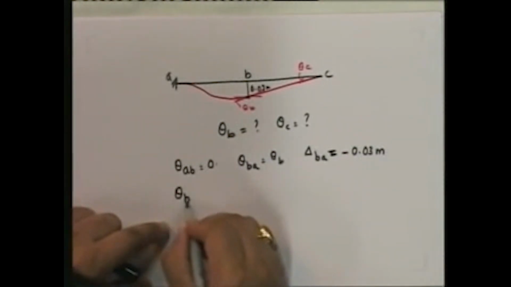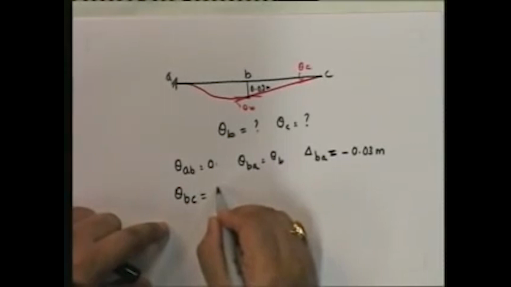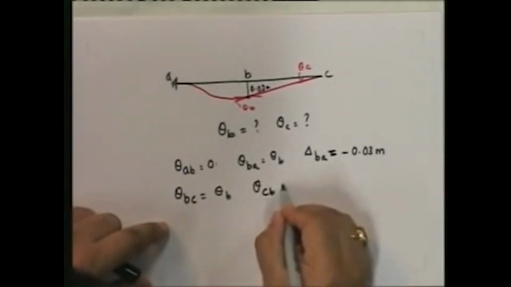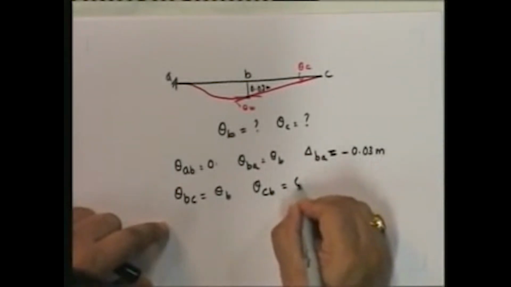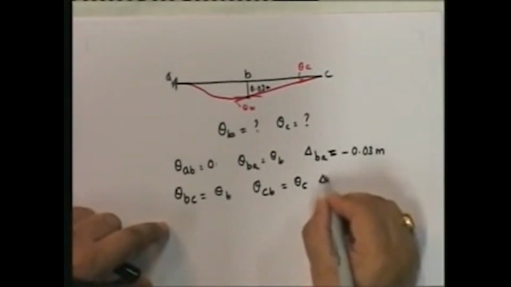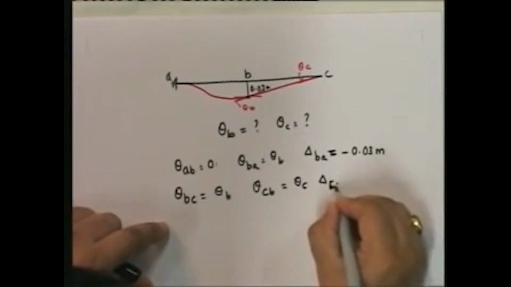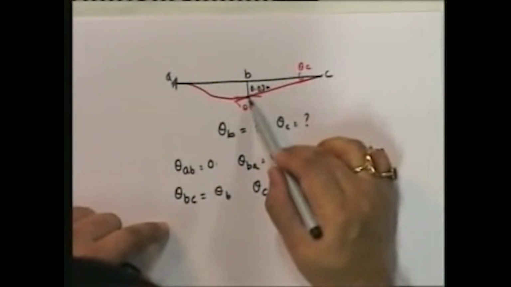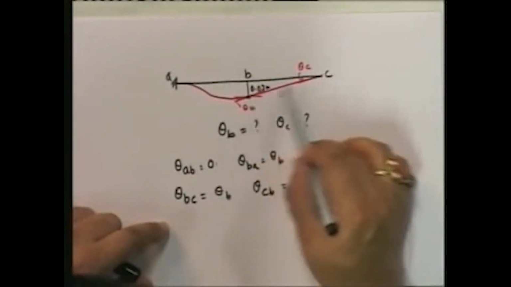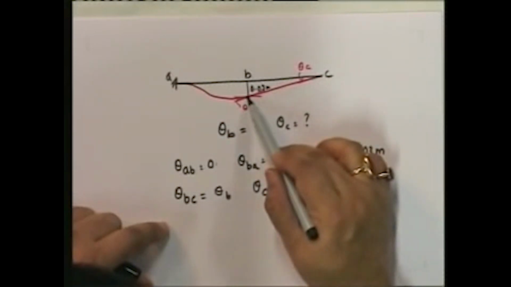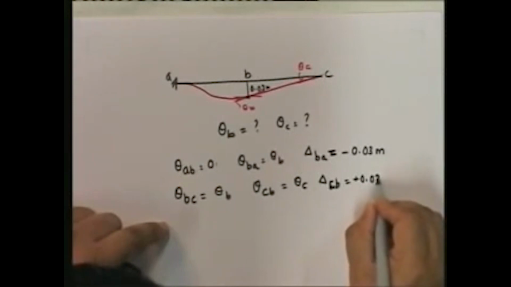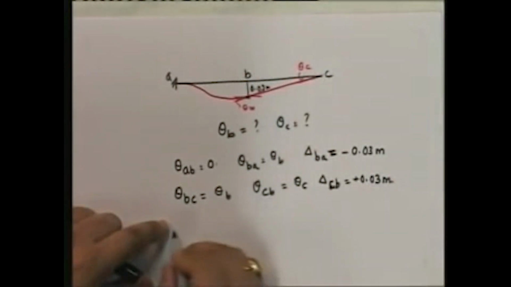Let's look at member BC. Theta BC is equal to theta B, theta CB is equal to theta C, and delta CB is equal to, now look at it, B has gone down relative to C. So we can say that C has gone up relative to B. So it is plus 0.03 meters.